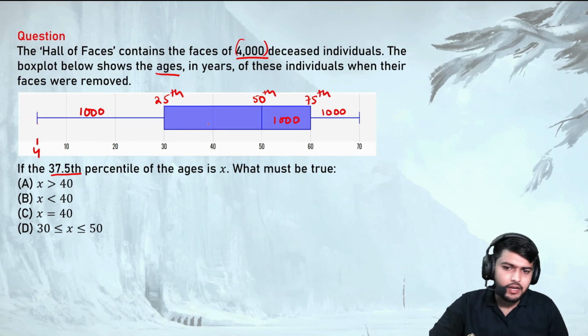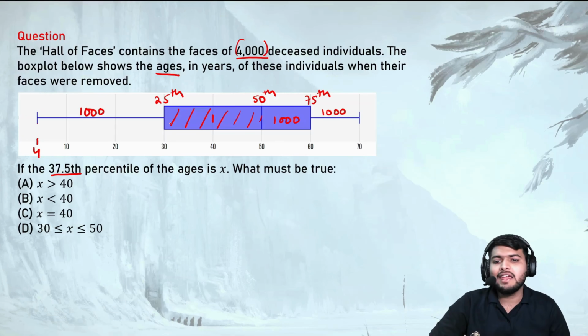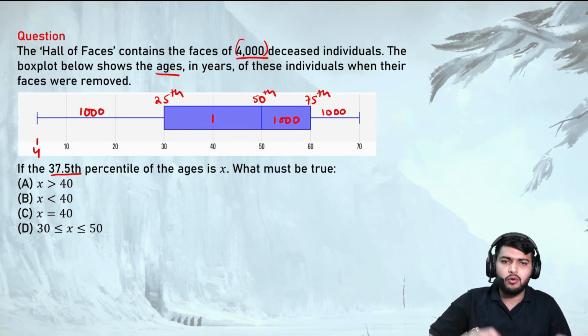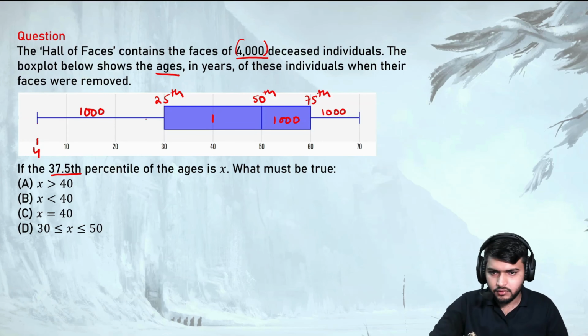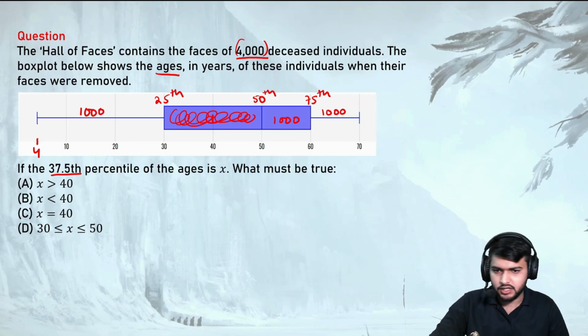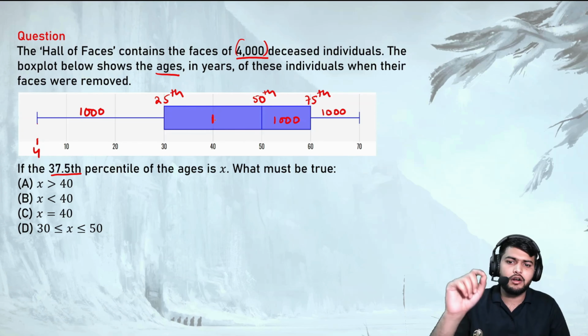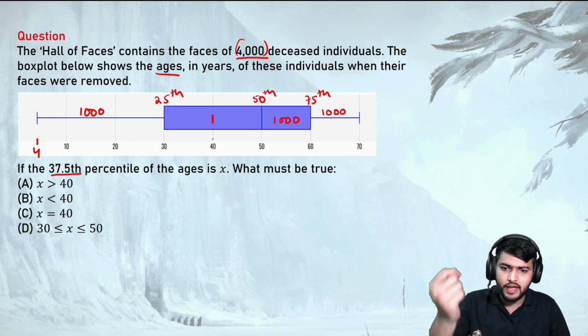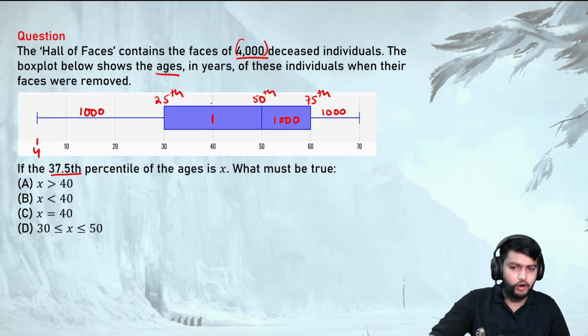But does it mean that 37.5th percentile will lie exactly in the middle? We do not know, because we do not know the 1,000 terms which are here are evenly distributed or not, are equally spread out or not. We do not know how are the 1,000 faces distributed in this region. So we cannot say for certain that 37.5th percentile will exactly be in the middle, will exactly be 40.